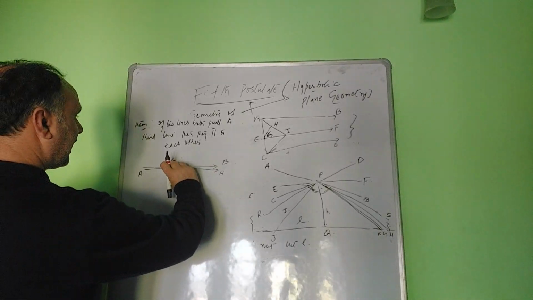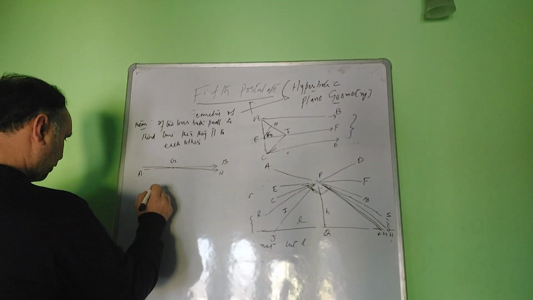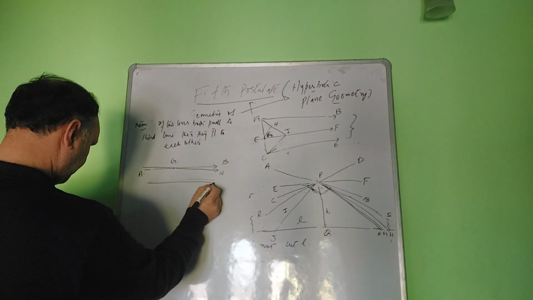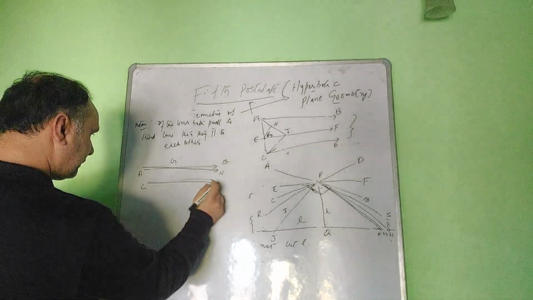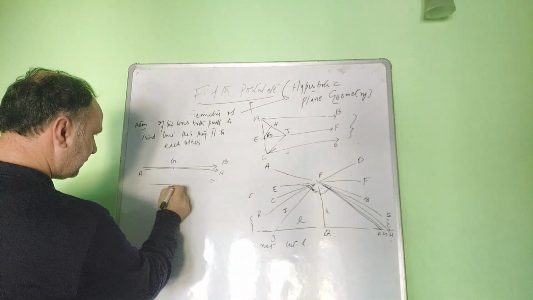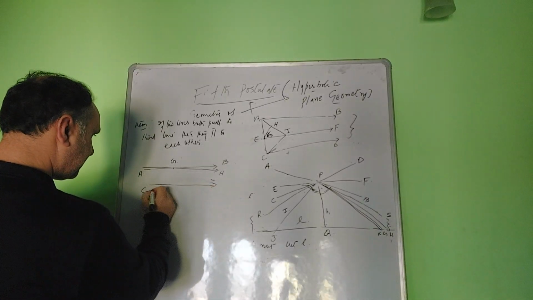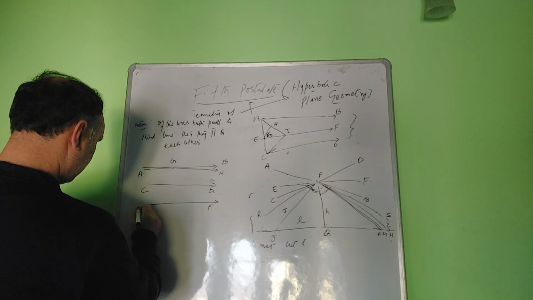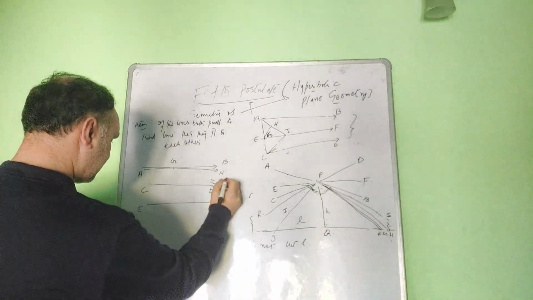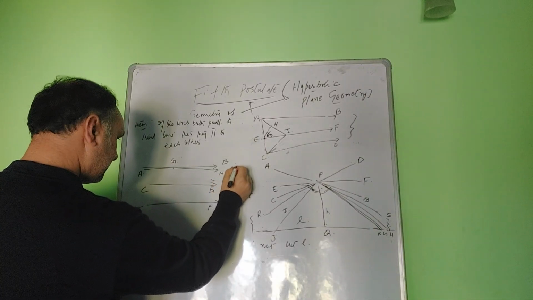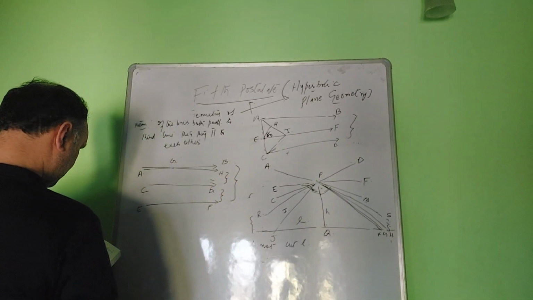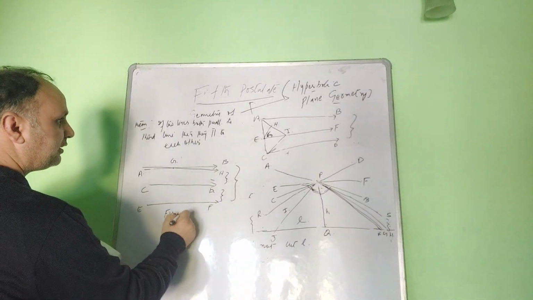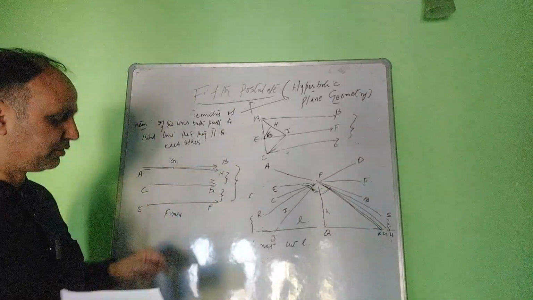You can have another line being constructed from this point, parallel to CD and EF. This is for the exemplification of this.